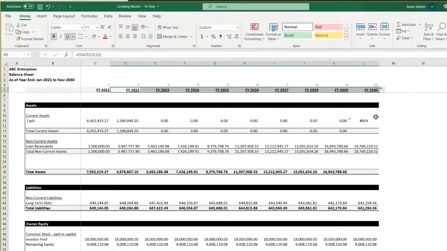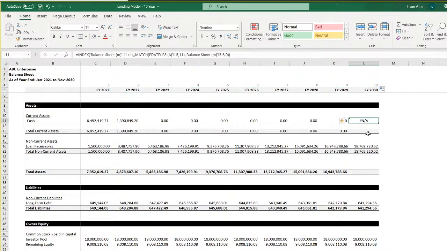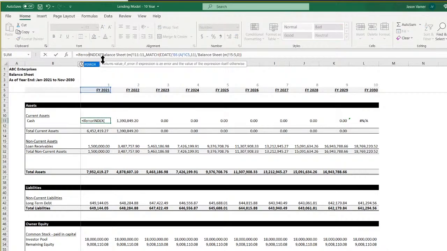And I'm assuming there's no, so if error, then 0, and then we need to lock some stuff here. Like this, and this.